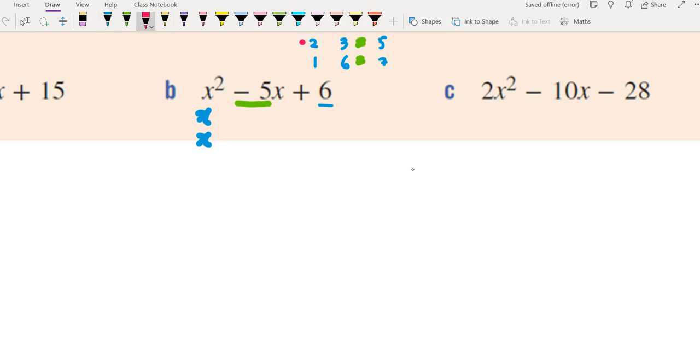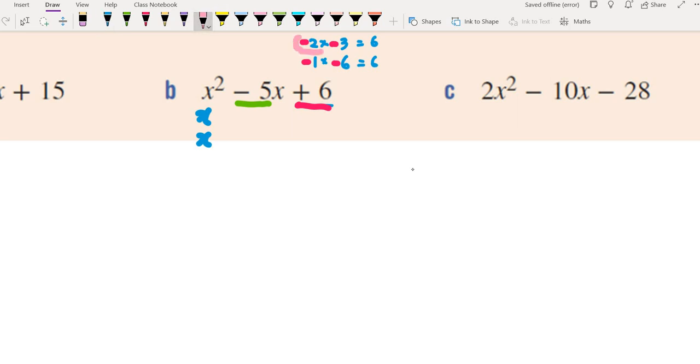If we have negative numbers, they are also factors of +6, because -2 times -3 will give you +6. -1 times -6 will also give you +6. So these are also factors of 6 when they're all negative, because they all give you +6.